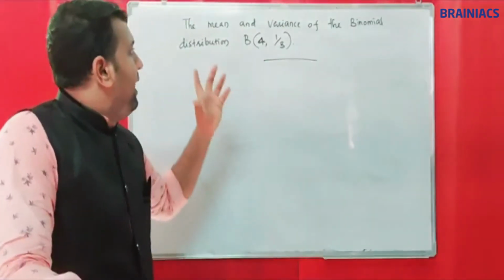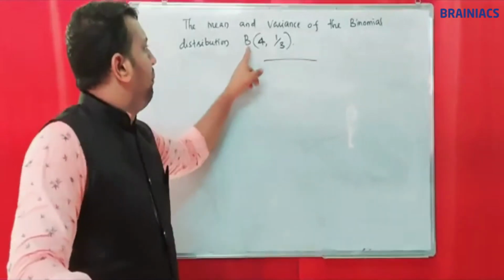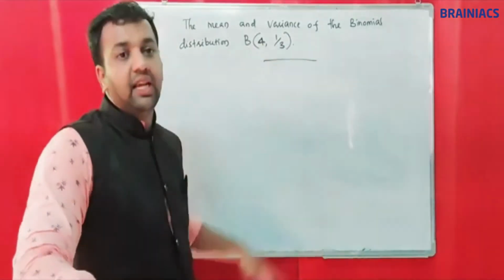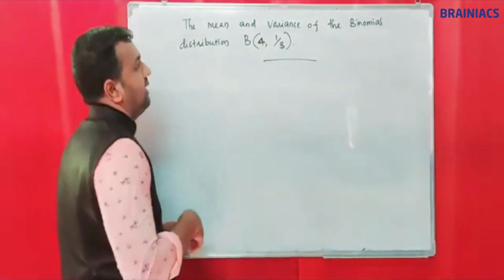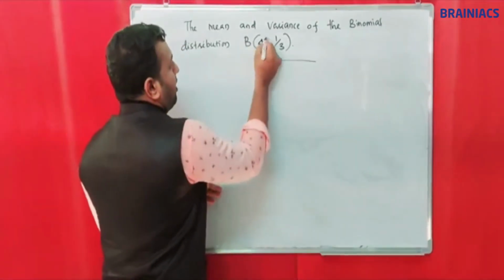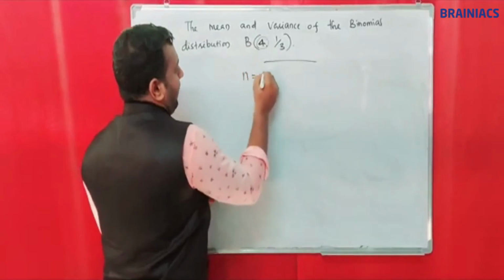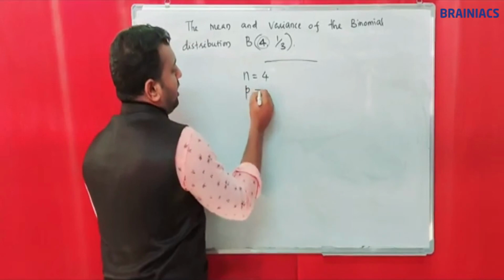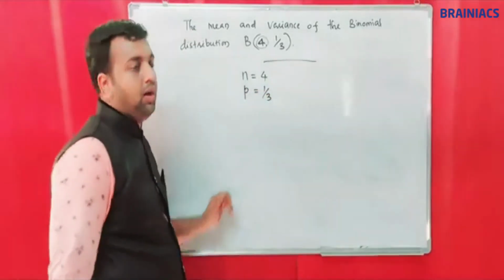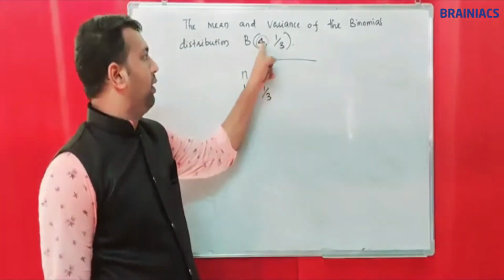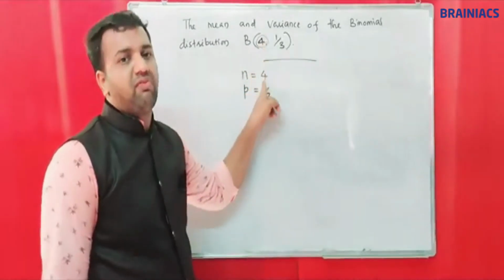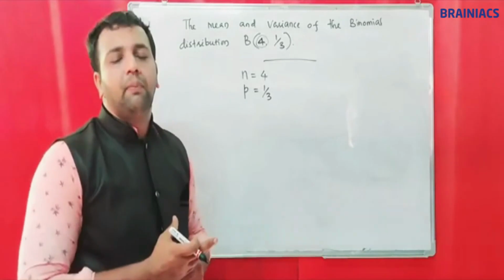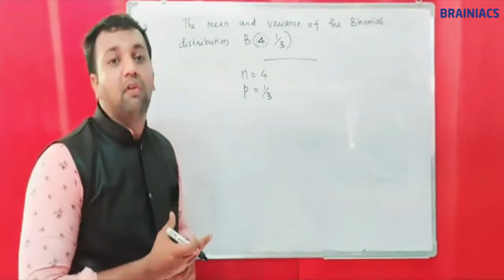Next question, the mean and variance of the binomial distribution B(4, 1/3). The representation B(4, 1/3) indicates that 4 means number of trials and this 1 by 3 means probability of success. So the first value is number of trials and the second value is probability of success.